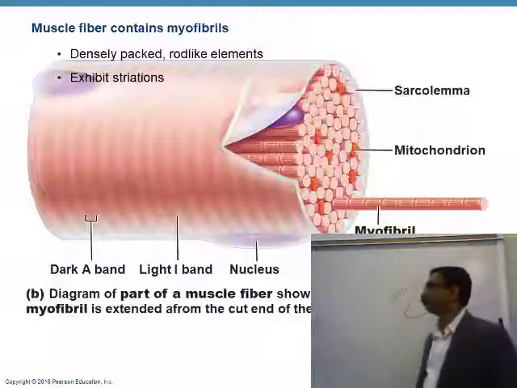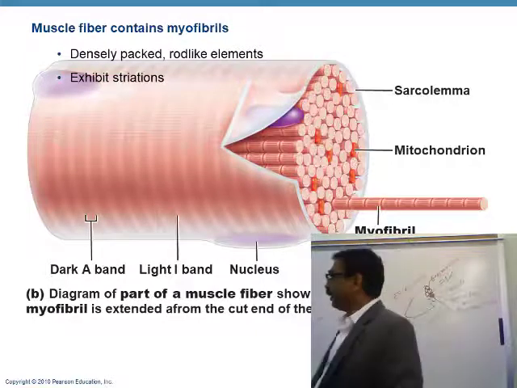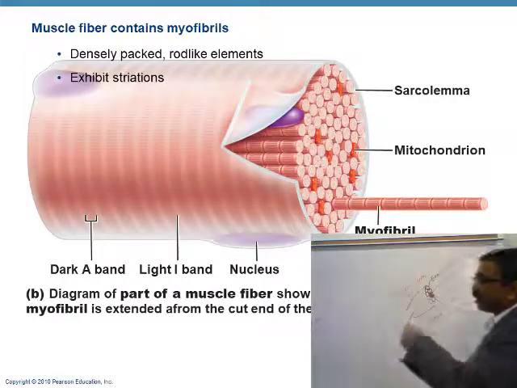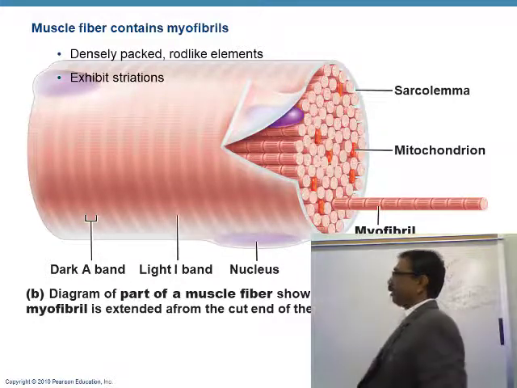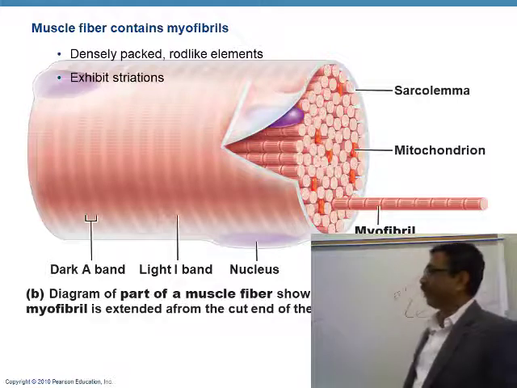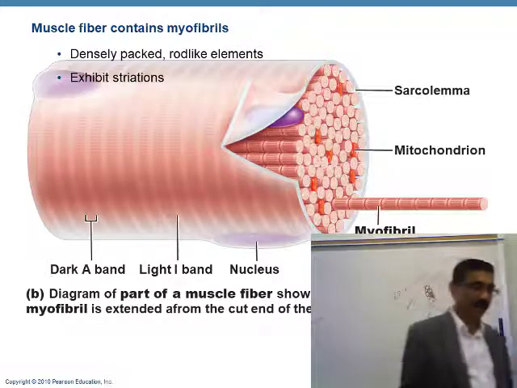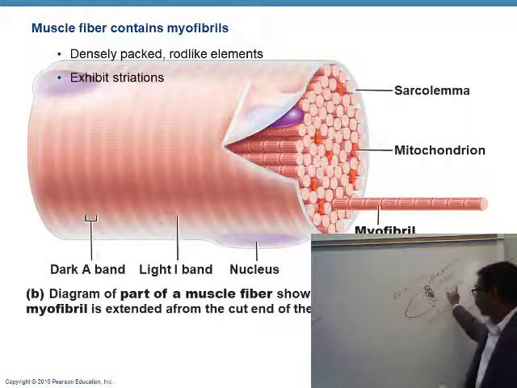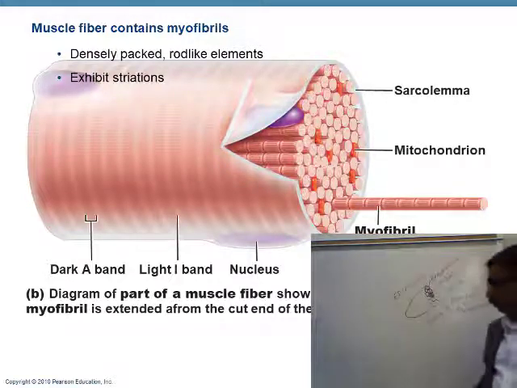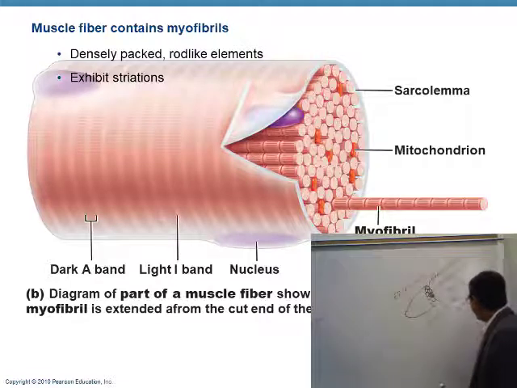Okay. So here you see just one muscle fiber, and inside the muscle fiber you see the myofibrils. Those rod-like structures are myofibrils. Now I told you that we'll talk about that myofibril a lot. So let's talk about that myofibril.